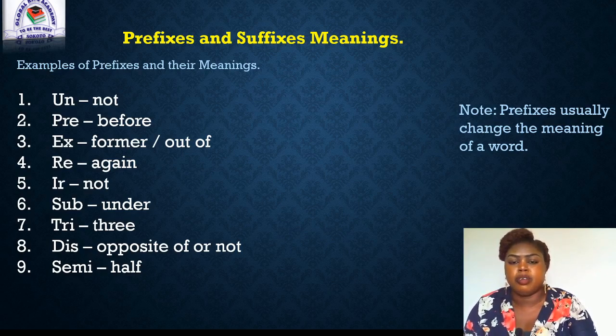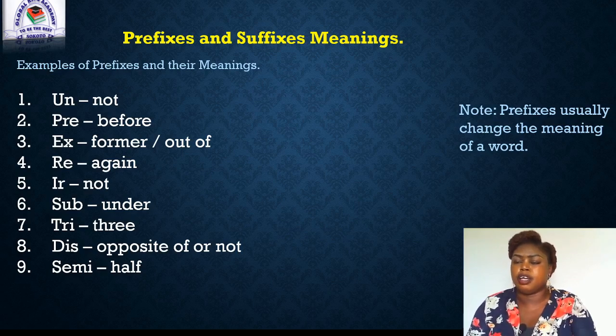Now number eight, we have dis, which means opposite of or not. We have words like disobey, where you don't do what you're asked to do. Then number nine, we have semi. Semi means half. We have words like semicircle, the half of a circle.